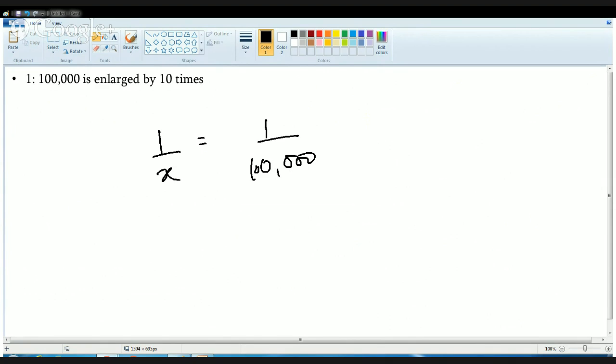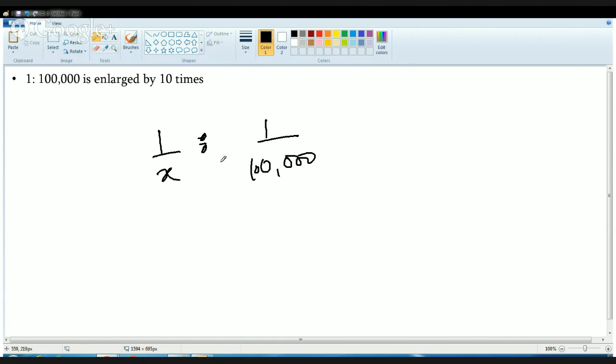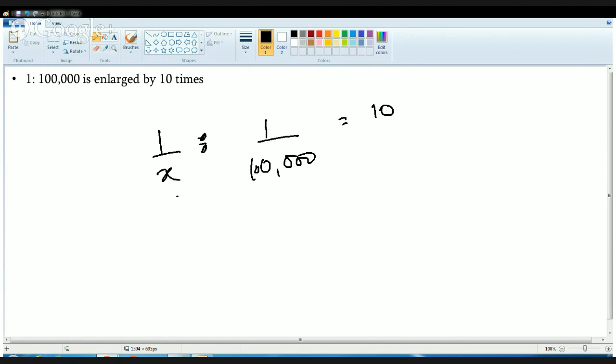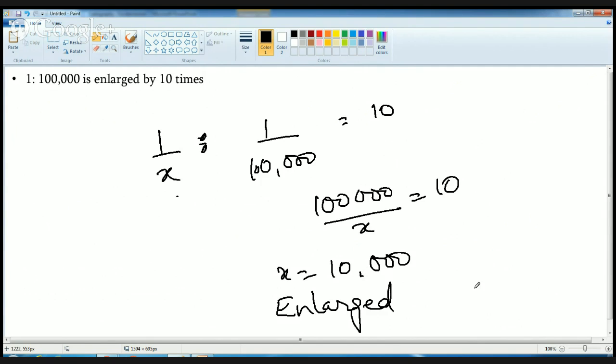So the new scale 1 by x is to 1 by 1 lakh, and that would be 10 times the new one. So I can do it as 1 lakh by x is equal to 10. So I can calculate x is equal to 10,000, and I can say that the new enlarged scale would be 10,000.